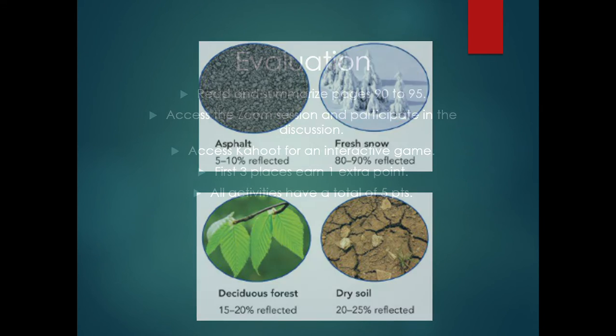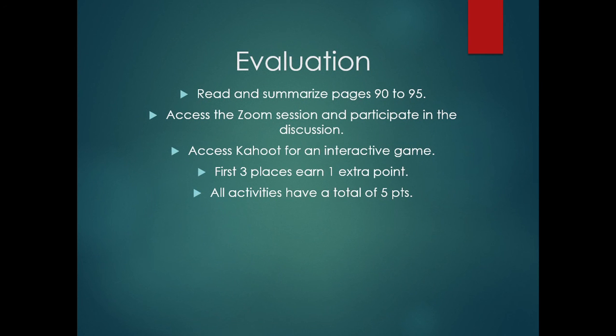Pretty interesting as well. Right guys, now we're going to jump to our evaluation. So please read and summarize pages 90 to 95. Then access the Zoom session and participate in the discussion that we are going to have. Then I'm going to give you a pin to go to a Kahoot game. So access Kahoot for an interactive game, and the first 3 places earn 1 extra point.